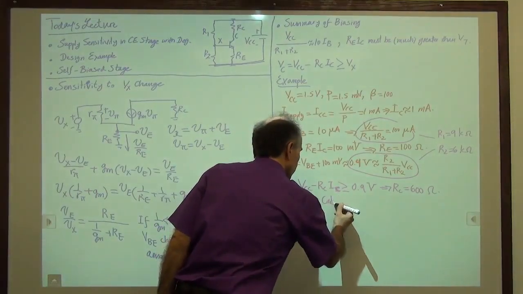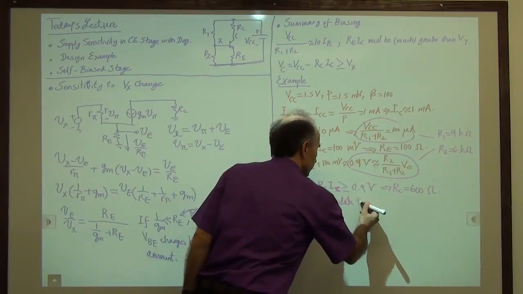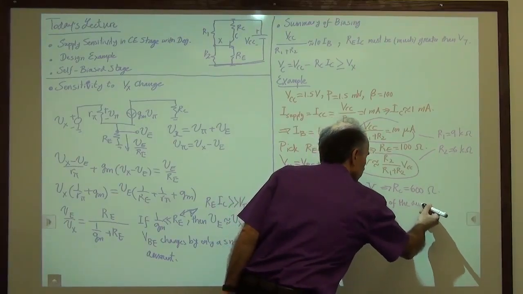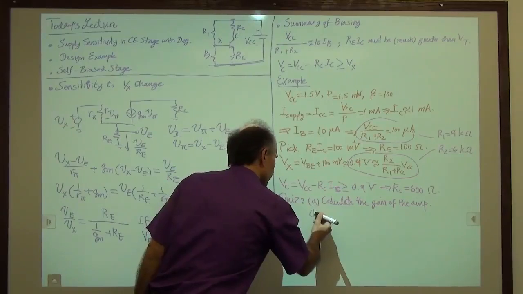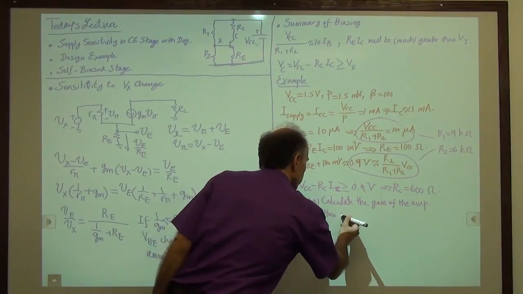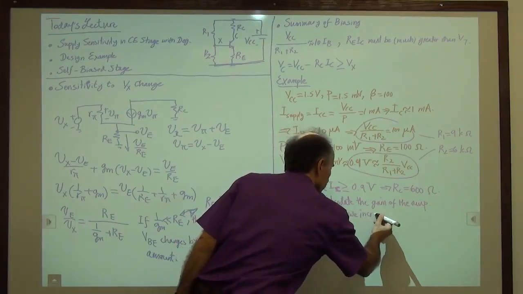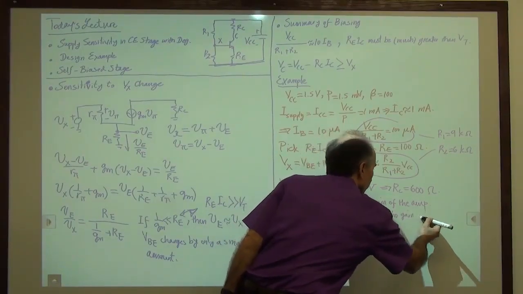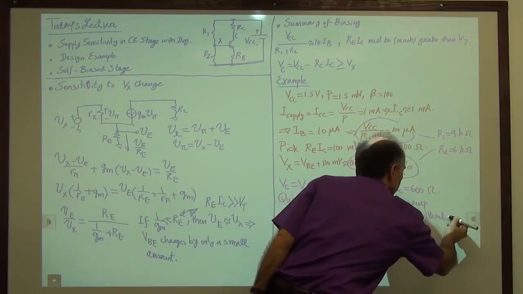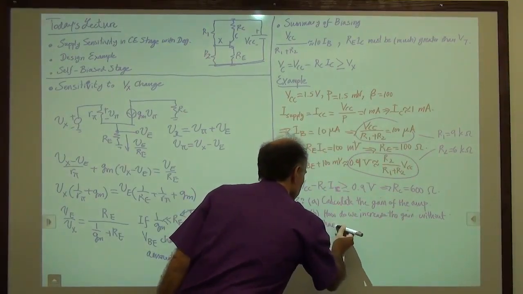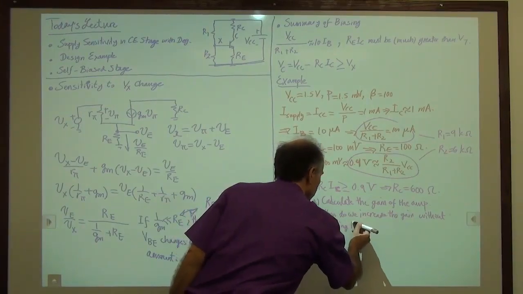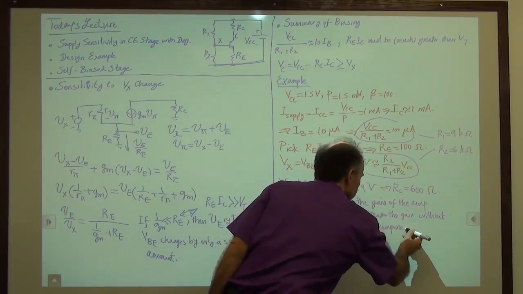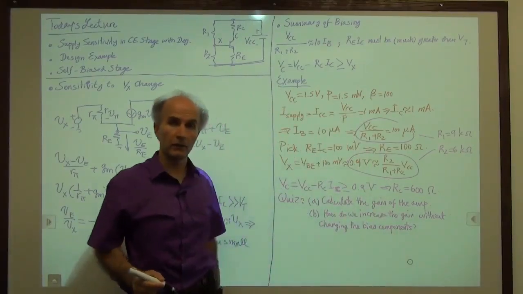Calculate the gain of the amplifier, and how do we increase the gain without changing the bias components. All right, I'll give you 90 seconds to think about that.